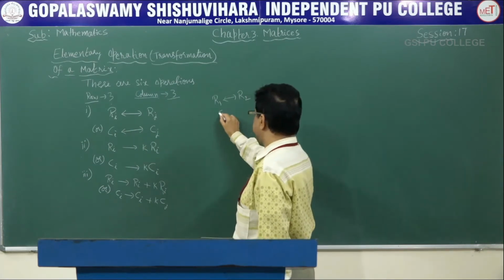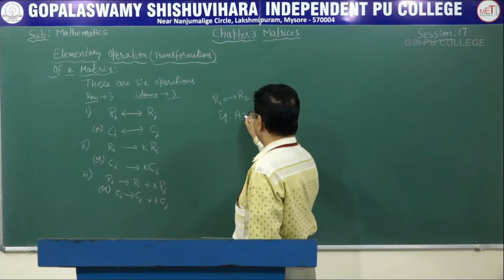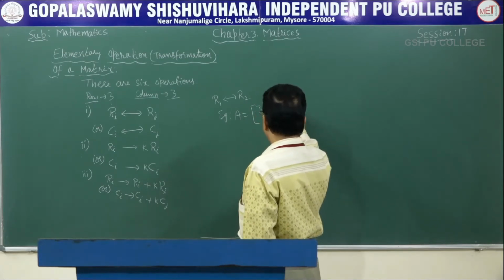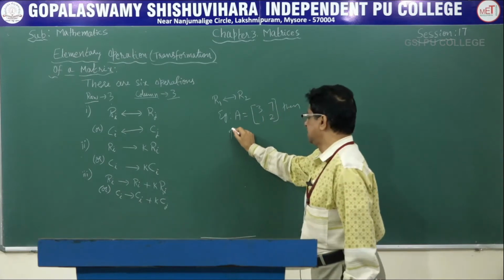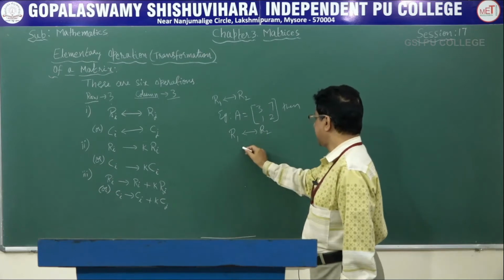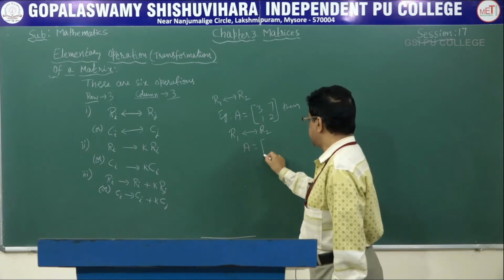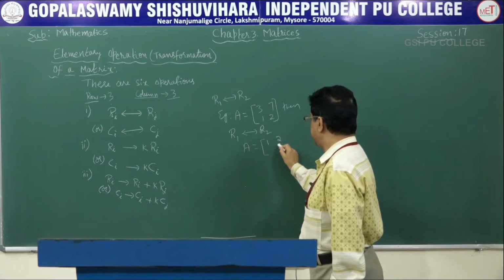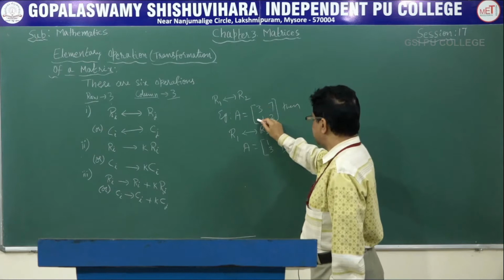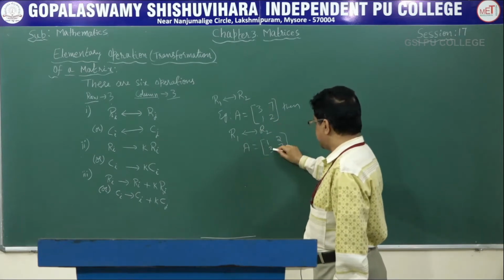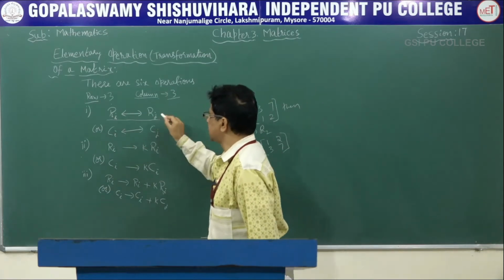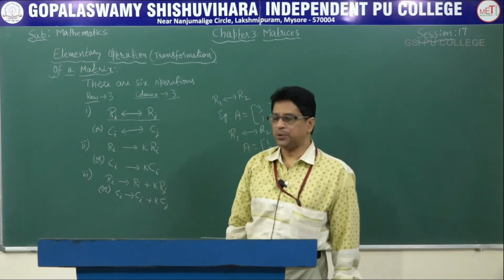For example, if A equals [3, 7; 1, 2], then R1 interchanging R2 can be written as A equals [1, 2; 3, 7]. That means this is row 1 and this is row 2. So we can interchange any 2 rows. That is the first operation which we can do.